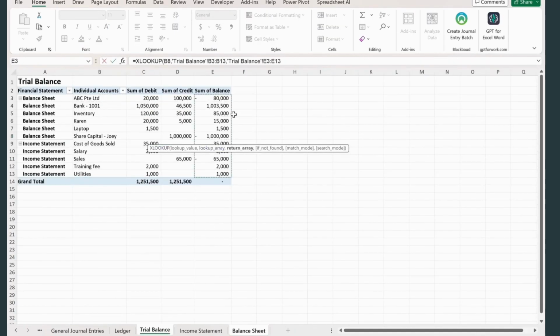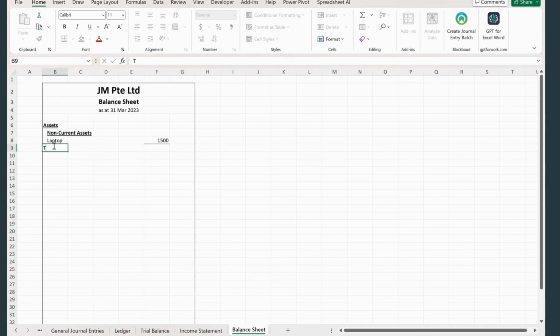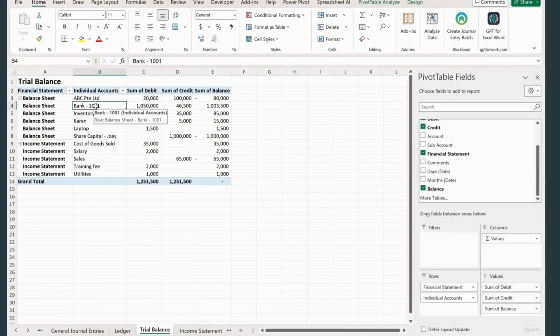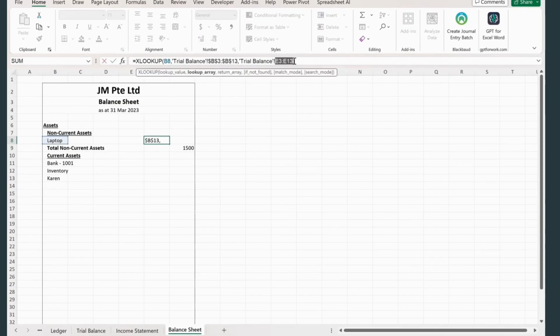Here we look up the value. We always look up the value. We don't do manual copy paste. Repeat the same process.